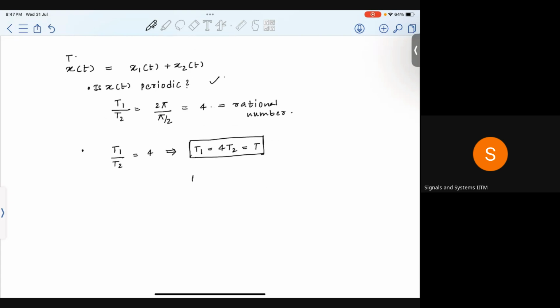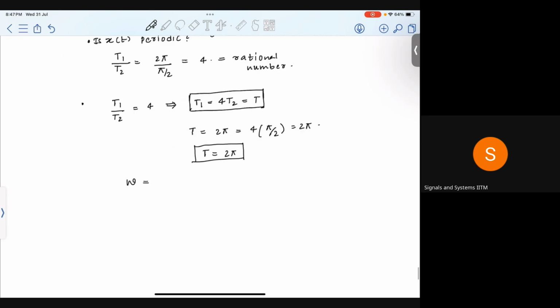T1 is 2 pi. What is 4 T2? 4 into pi by 2, which is also 2 pi. So the fundamental period of the given signal is 2 pi, and the fundamental angular frequency omega is 2 pi by T, which is 1.